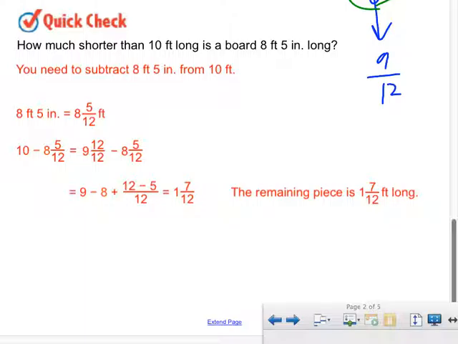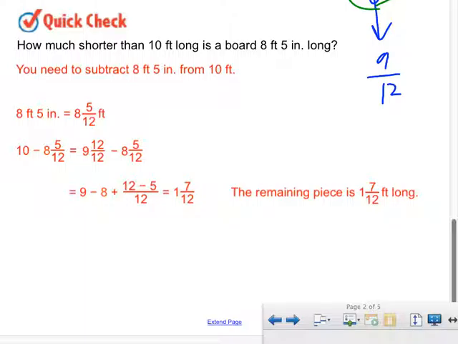Did you use this method? What was the method you used? An improper fraction? Okay, but then you have to get like denominators.